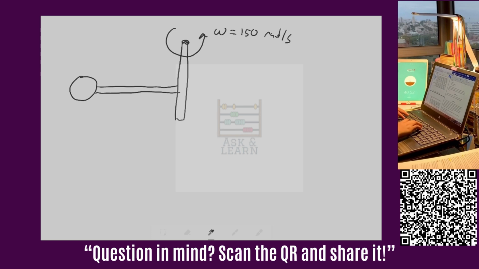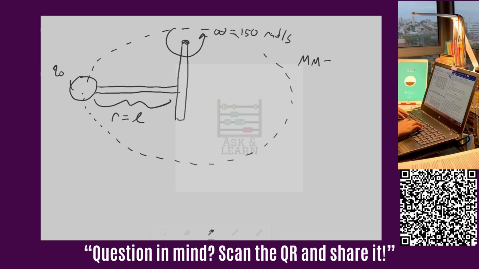So this sphere that has charge q is basically going to be mapping out a circular path of a radius that is the length of the rod, right? Now, if you remember the definition of the magnetic moment, it's derived as if we have a current going through a loop like so, and it could be a coil with many turns.